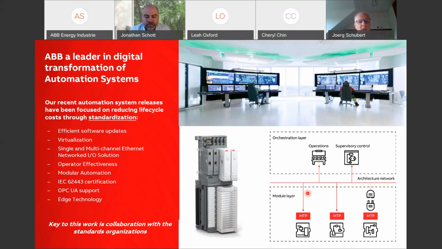And just to mention a couple of the things that we have done, I think we have significantly changed the way we update facilities when it comes to the DCS. In the past, lifecycle cost was imposed through system version changes, often driven by outdated Microsoft operating systems.